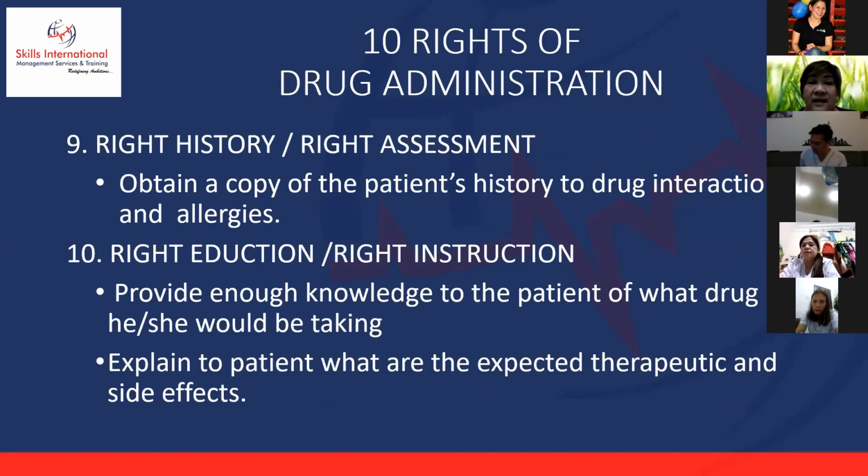In your assessment, write it down in the record book with a red pen: drug allergy or food allergy, shrimp, seafood. Drug allergy, Panadol. So you have to write it down. You have to document everything.